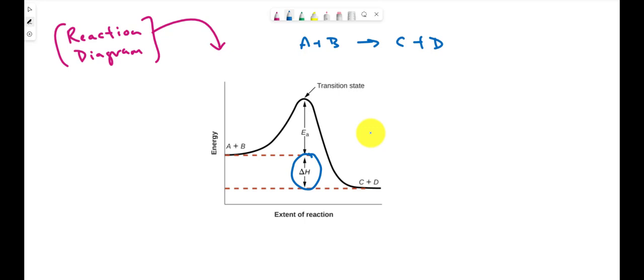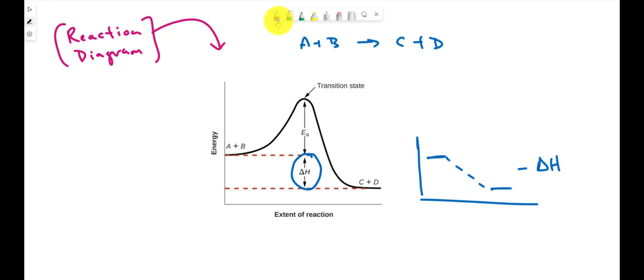And so if I were to redraw this, what we would see is something familiar maybe to Chem 107, which is we have a starting point and an ending point, and if the ending point is lower than the starting point, then we said that has a negative delta H, and that is something that the universe likes, right? You want to end up in a lower energy conformation.